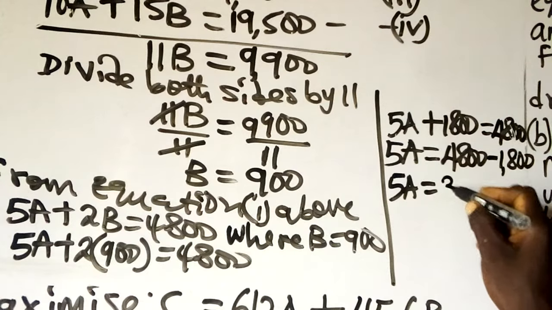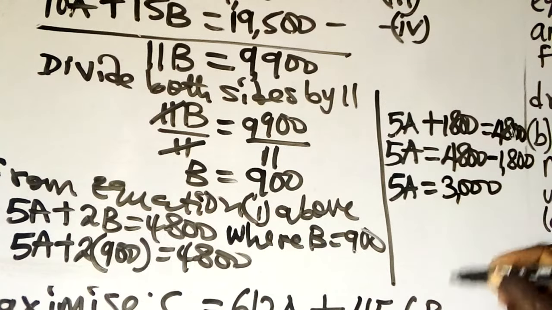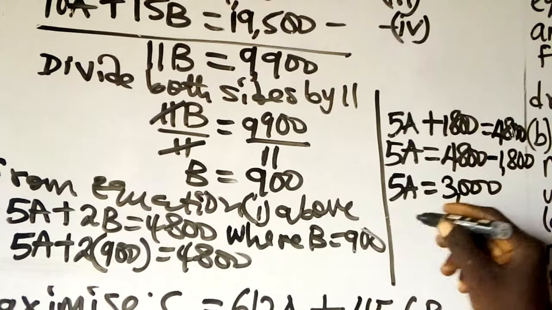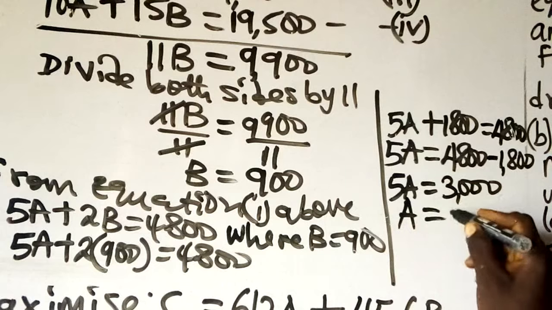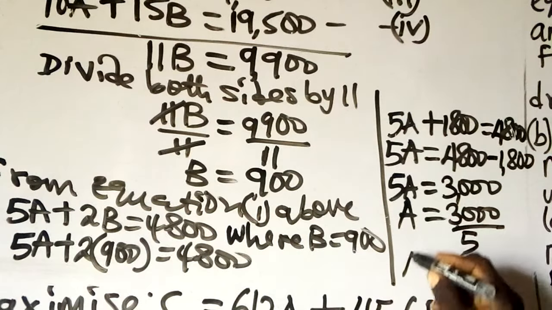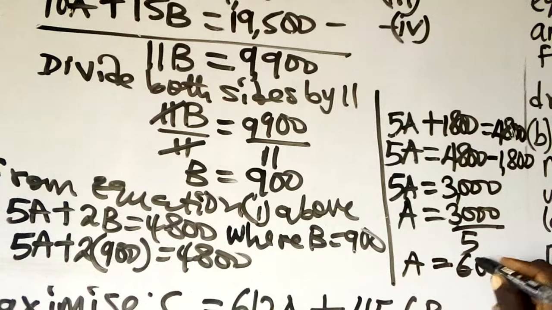That will be 3,000. To solve for a, you divide both sides by 5. Then you have a equals 3,000 divided by 5. That gives us a equals 600.